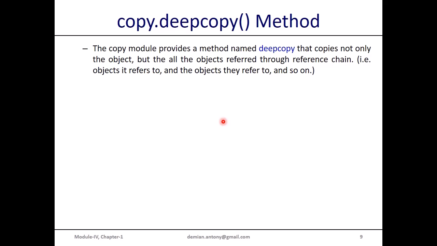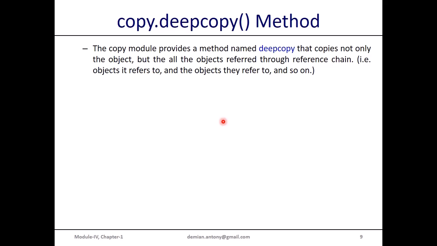This deep copy method, as I explained in the previous slide, copies not only the object members or attributes, but also the objects that are referred to by the members or the attributes. And this is actually recursive in nature. That's why we say it copies all the objects referred through a reference chain.